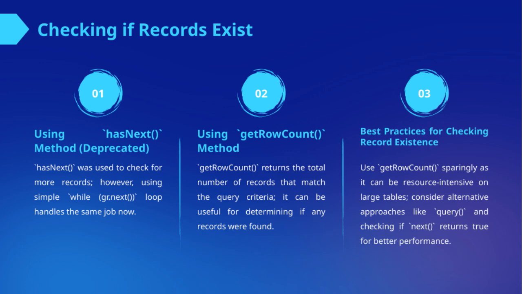Instead, we now prefer using a simple while next loop, which effectively handles the same job without the extra overhead. In summary, for best practices, avoid overusing getRowCount on large datasets and lean towards using query with next checks for better performance. This helps keep your code efficient and responsive as part of your overall data handling strategy.